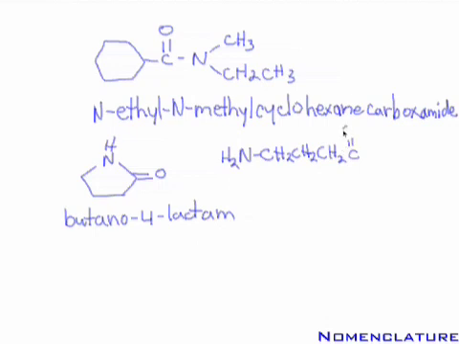One, two, three, four. So this is 4-aminobutanoic acid, or it's alpha, beta, gamma, a gamma amino butyric acid is the common name.